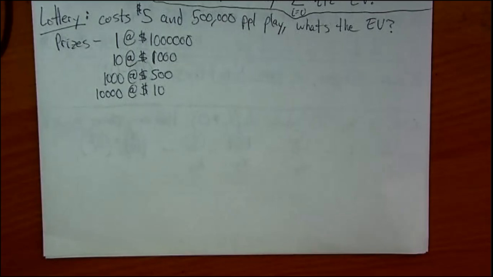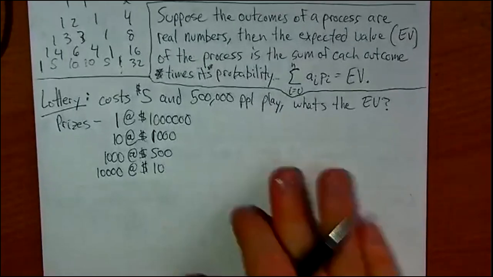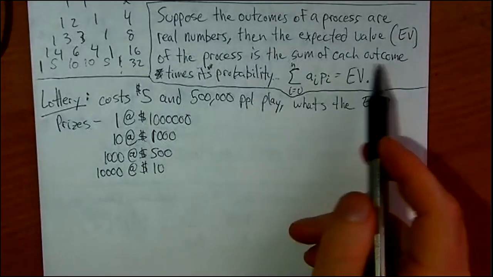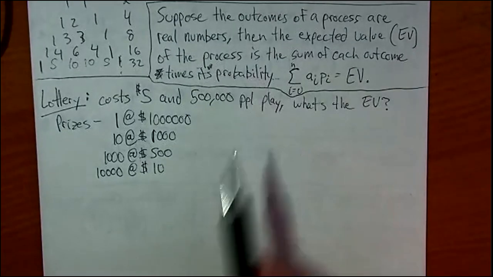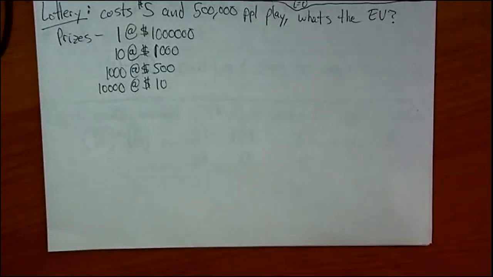Let me ask you this. What are the different outcomes that might happen? Because remember, for expected value, it's the sum of each outcome times its probability. So what are the outcomes here?